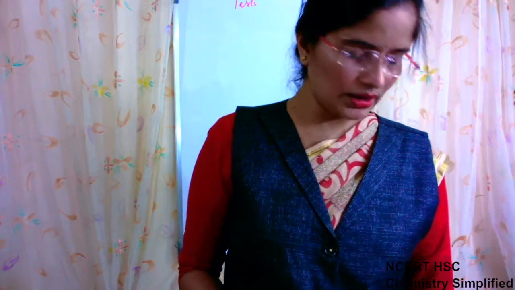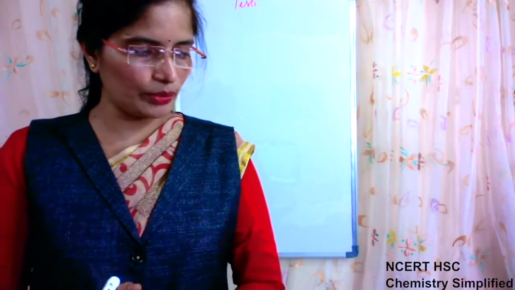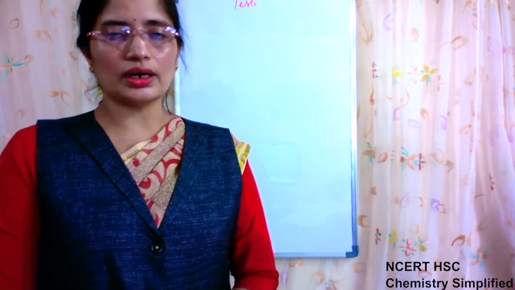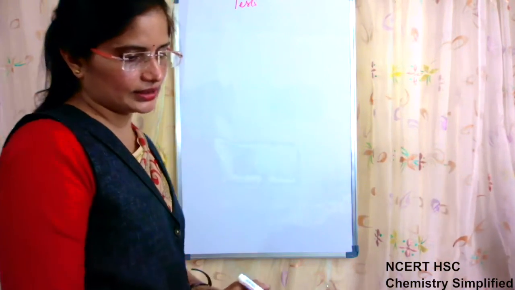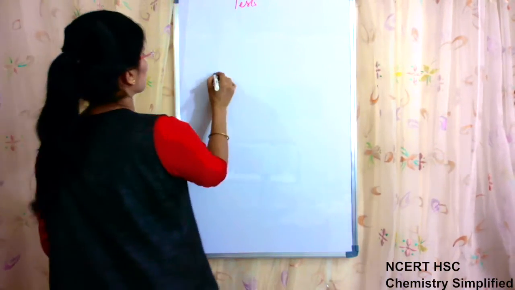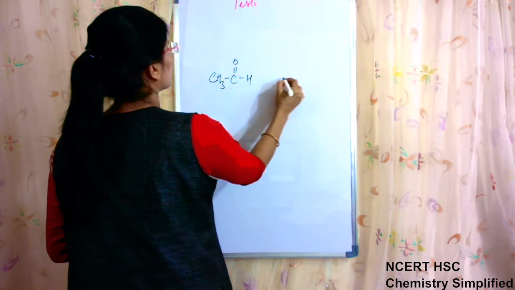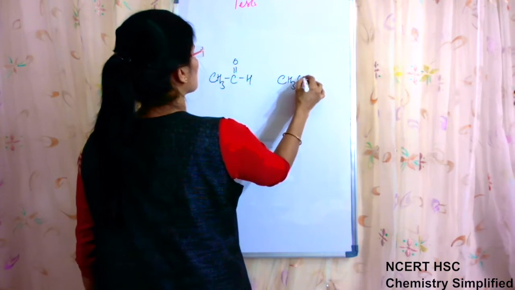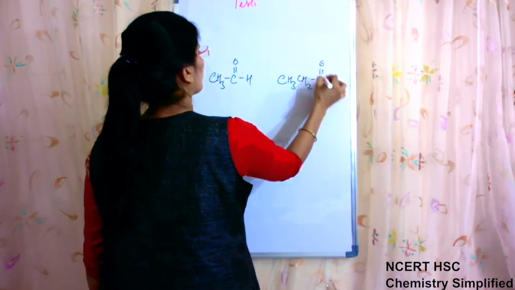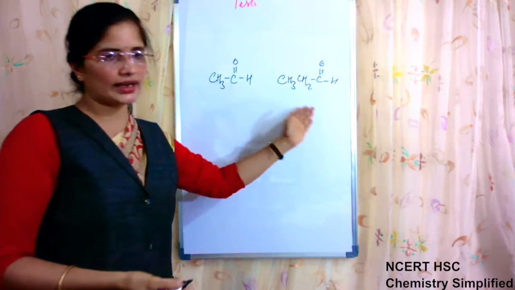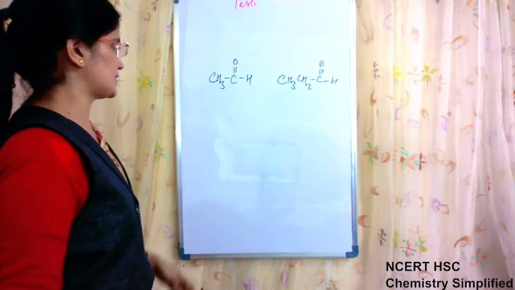Ethanal and propanal, again the same thing. Ethanal and propanal we can distinguish using the iodoform test. Okay, ethanal is CH3, C double bond O, H. Propanal is CH3, CH2, C double bond O, H. Now because both are aldehydes, no Tollens, no Fehling test.